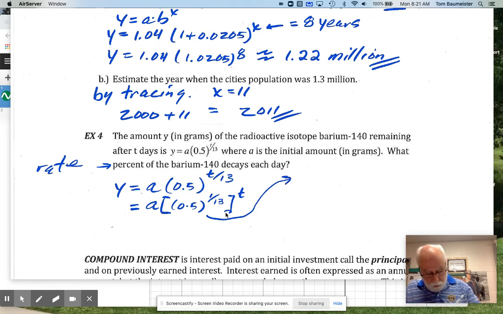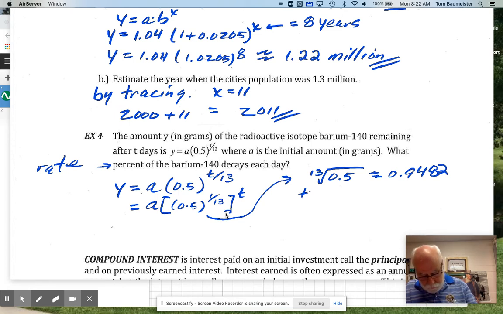I can remember from last chapter that 0.5 raised to the 1/13th power is, since it's 1 over 13, the 13th root of 0.5. And that will equal 0.9482. Okay?